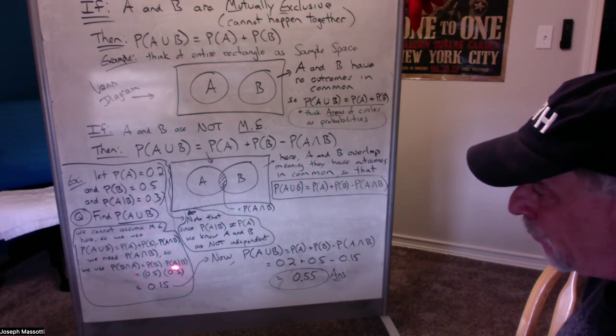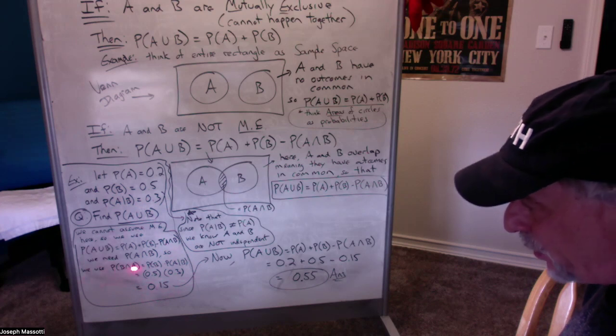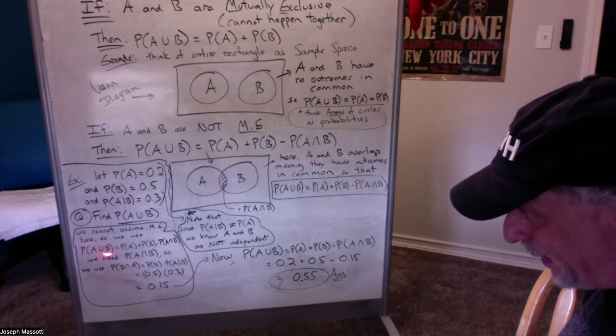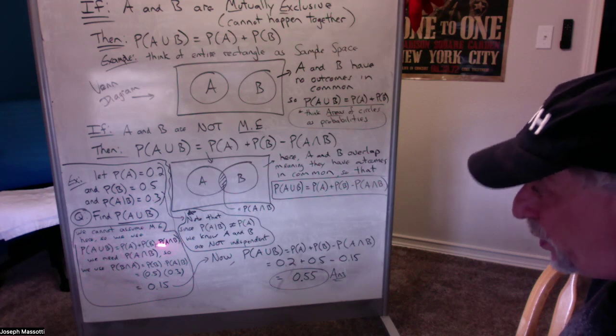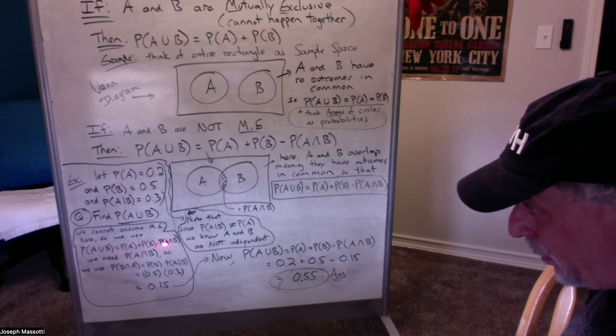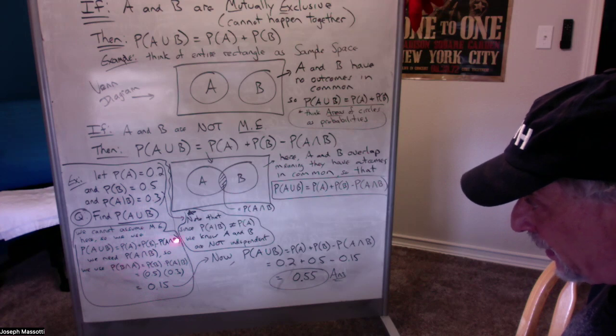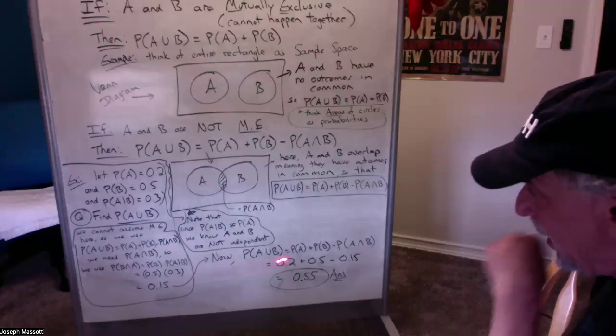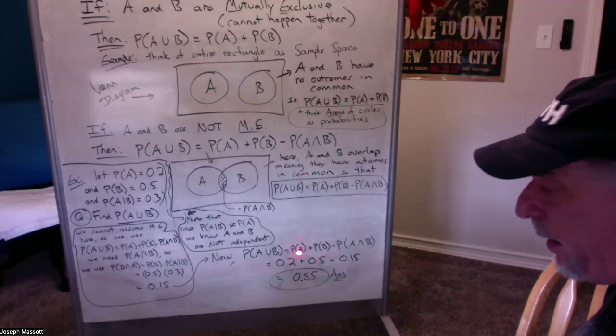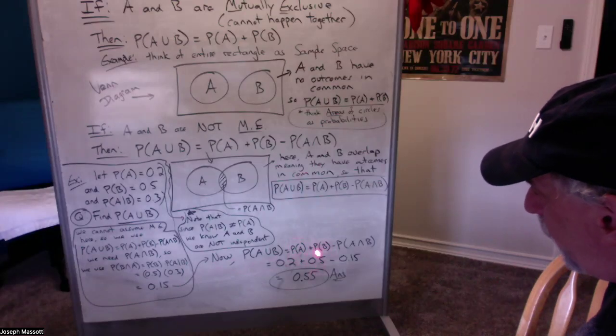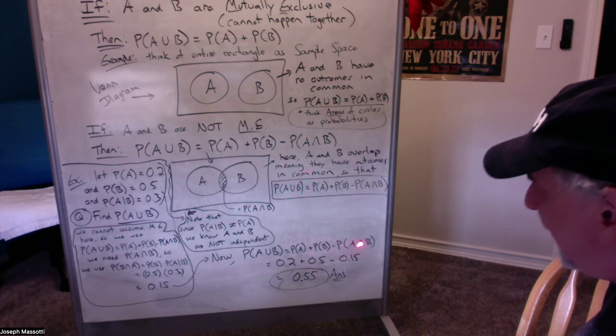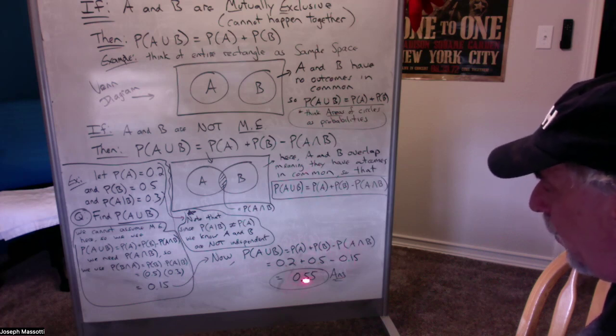That gives me my answer to this question, which is the same as the intersection in this formula. Well, sorry, the probability of B and A is the same as A and B. So I use that here: the probability of A plus the probability of B minus their intersection, and I come up with my answer of 0.55.